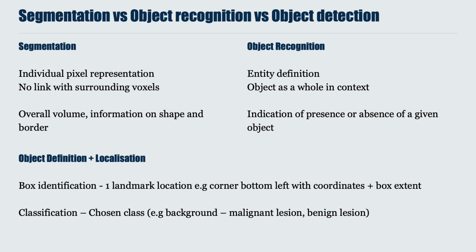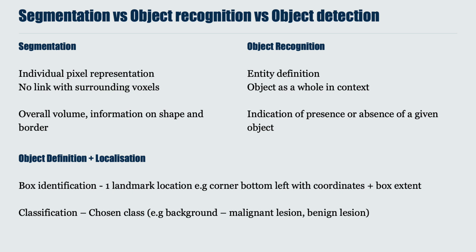Obviously, that can be enforced when you perform the segmentation, but by definition, I take every single pixel and I assign a class to it. And so from segmentation, you can get information about the overall volume, information on the shape, on the border, and so on. Typically, you see that when you have, for instance, brain segmentation or pathology segmentation, and so on.